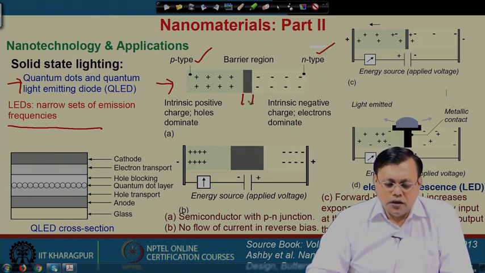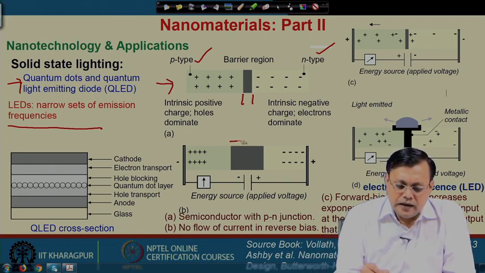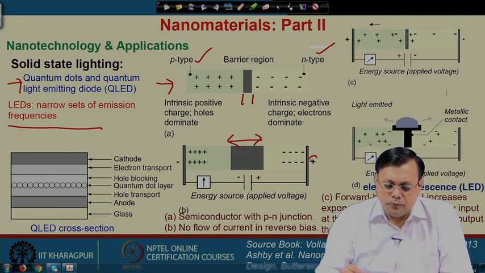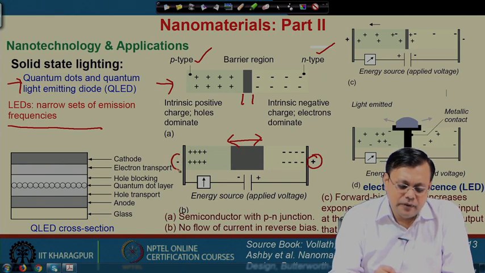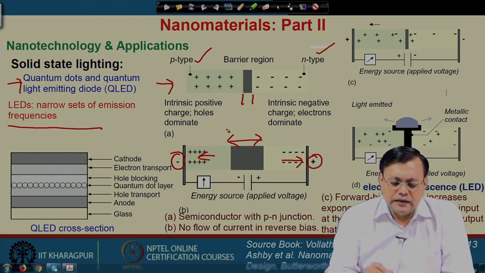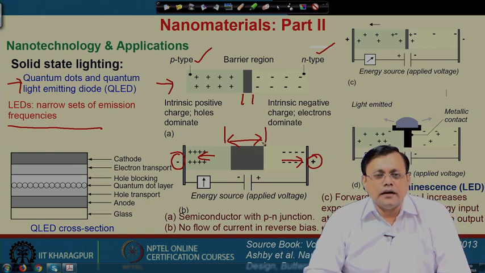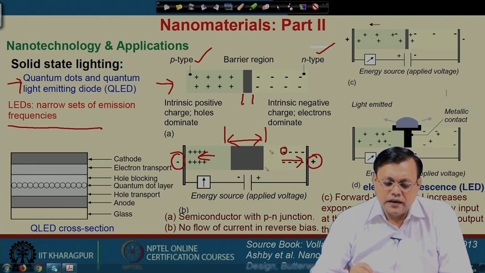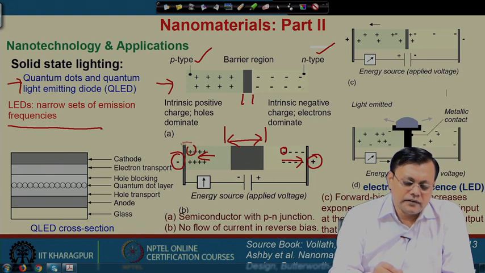If we apply a reverse bias, then the barrier width increases, meaning if I apply positive bias on the n side and negative bias on the p side, the electrons and holes go in opposite directions and increase the barrier region, because the negative charges in the n type are attracted by the positive, and the positive ones are attracted by the negative.